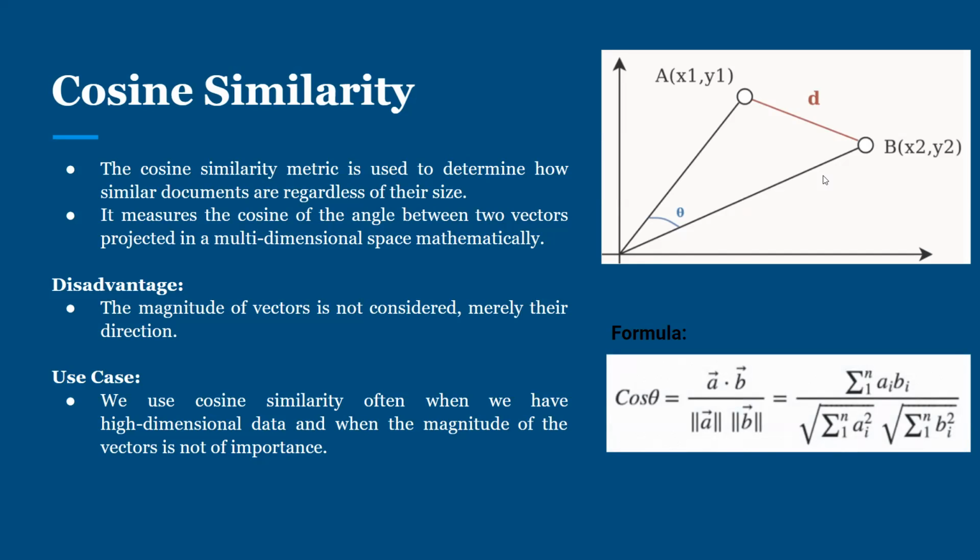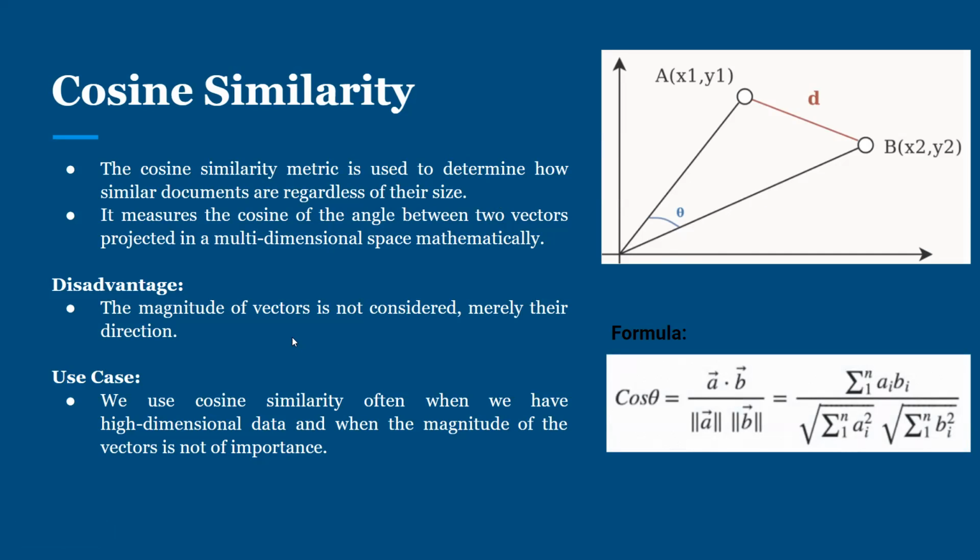Two vectors with exactly the same orientation have a cosine similarity of 1, whereas two vectors diametrically opposite to each other have a similarity of -1. Here, their magnitude is not of importance as it is a measure of orientation.